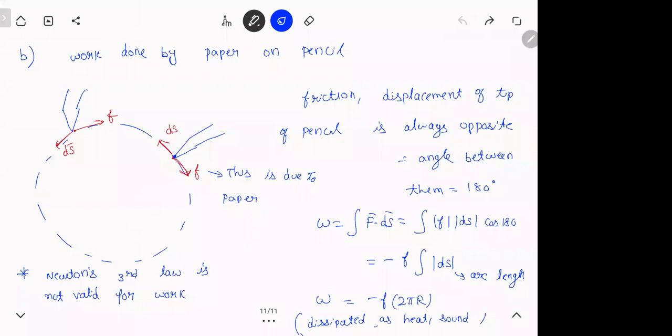It is valid only for, you can make a statement that if F is constant, both direction and magnitude, and displacement is 0, then work done is 0. Or else it is not necessary.